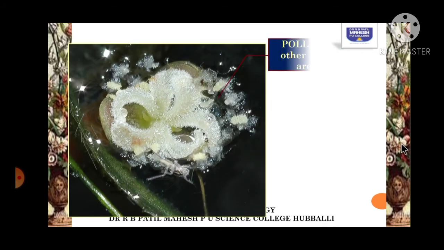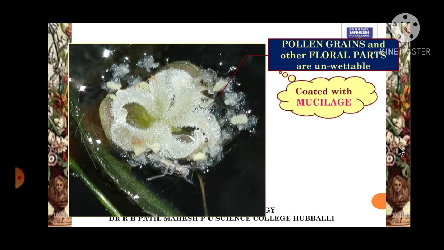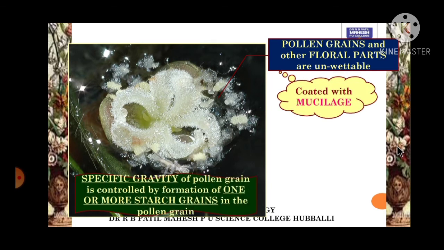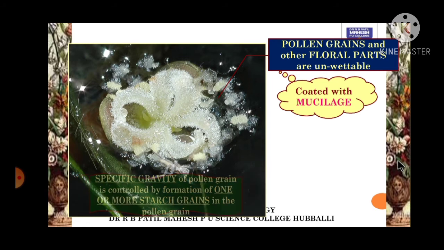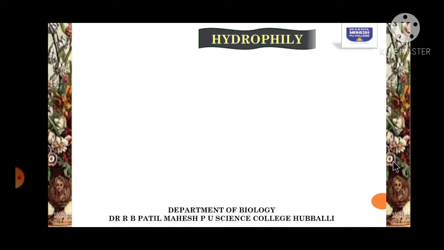The pollen grains and other floral parts will be unwettable, meaning they won't undergo decay. They are coated with mucilage. The specific gravity of the pollen grain is controlled by the formation of one or more starch grains in the pollen grain. Here the stigma is long and sticky.